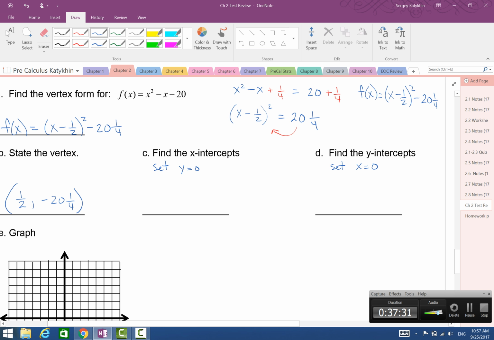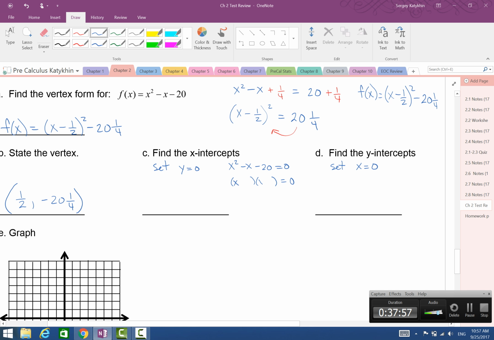Now, in our first one, we can set y is equal to 0, so we get x squared minus x minus 20 is equal to 0. First question you should ask yourself, can you factor that? Are there two numbers that multiply to negative 20 and add up to negative 5?